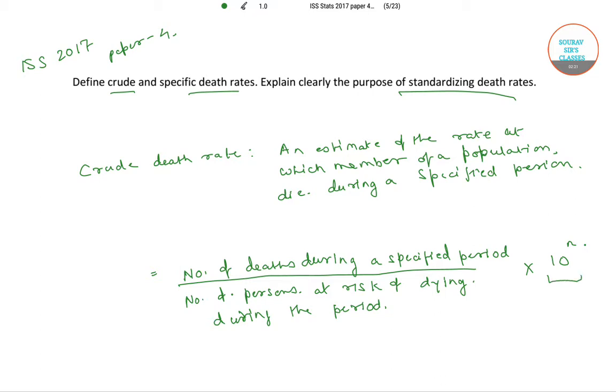Here this 10 raised to the power n means that this ratio can be multiplied with 10 raised to the power n, where n is an integer, so as to bring this rate to a whole number.